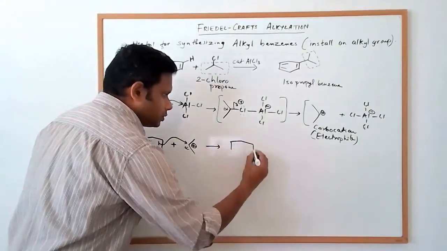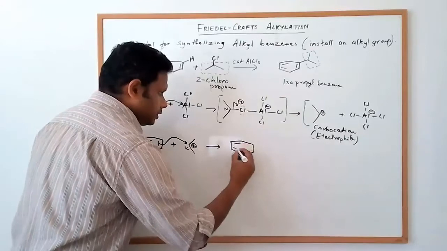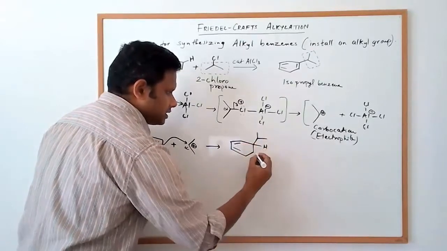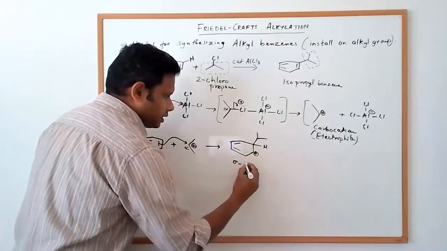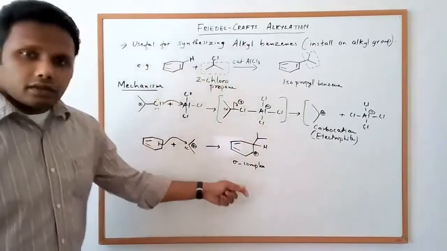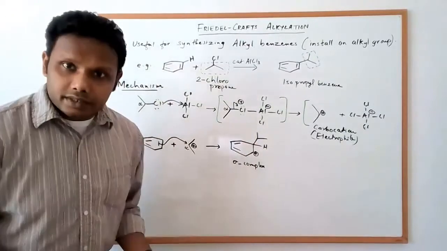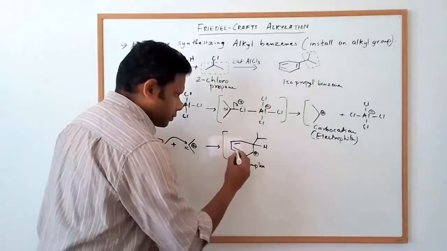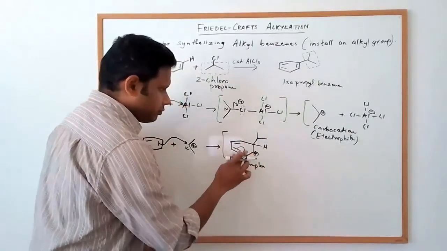And this is going to produce the intermediate, which is the sigma complex. So we get the sigma complex here. And the sigma complex is resonance stabilized, so keep that in mind. Let's show the resonance here. So we can use the pi bond.